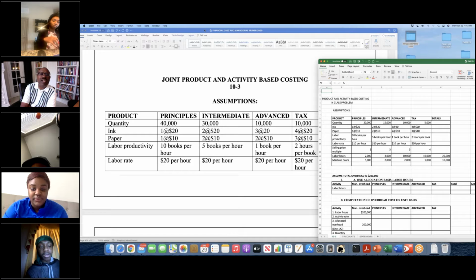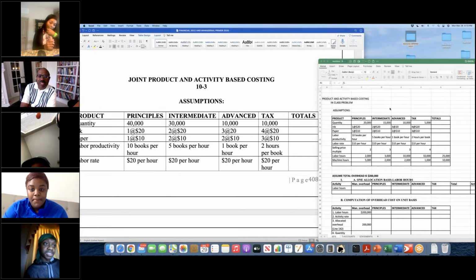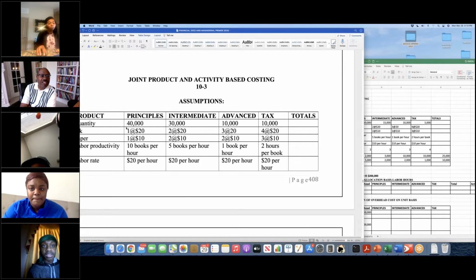Maybe that's why I was confused. From Blackboard, that's where the class was going based off of the 10-3 assignment. Do you think you learned better from Excel? Personally, I think it's more organized in Excel than Word, but that's just my opinion.